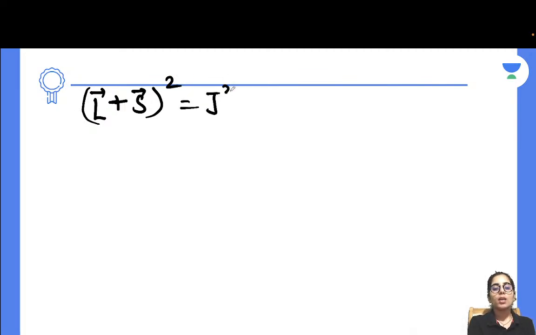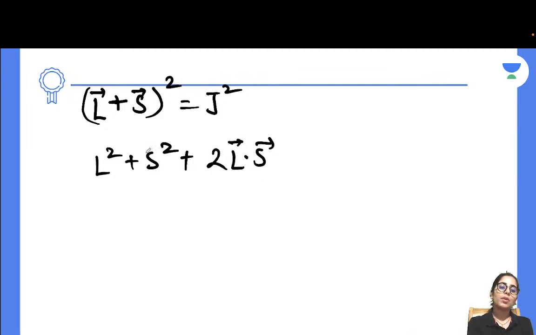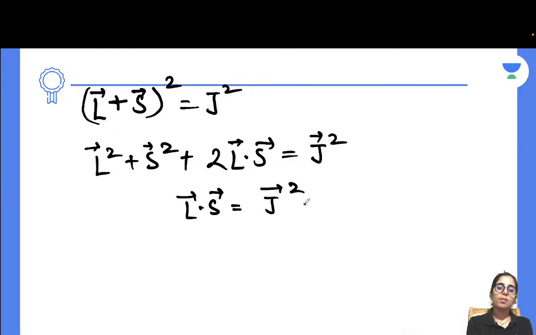Whenever you have this kind of L dot S term or any other dot product term, you start by taking their sum and its square, because you know it's nothing but J squared. So it will give you L square plus S square plus 2L dot S, and from there you are just going to get the value of L dot S. So L dot S is equal to J square minus L square minus S square divided by 2.